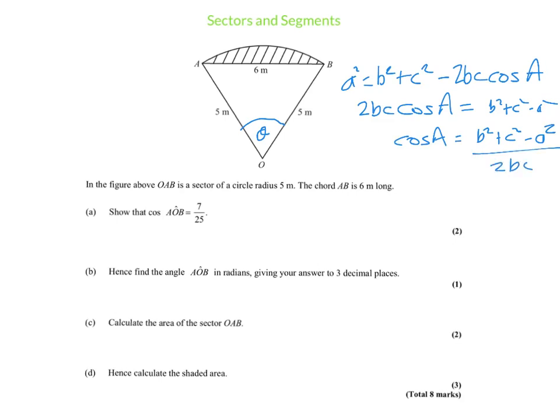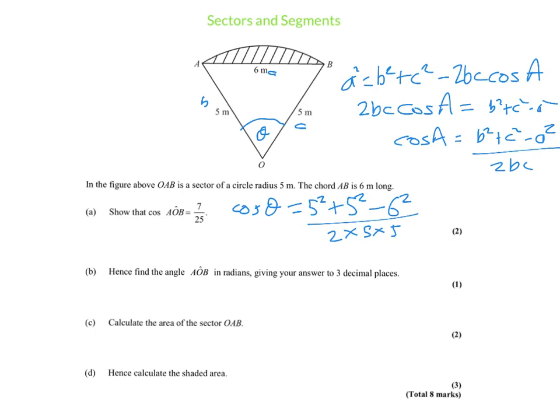Well, let's have a look at this case. I'm saying cos of theta, I've just renamed it theta. Cos theta equals b squared and c squared, so that's a, b, c. So we've got 5 squared plus 5 squared minus 6 squared, over 2 times b times c, 2 times 5 times 5.